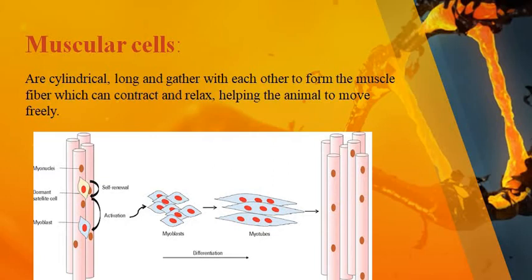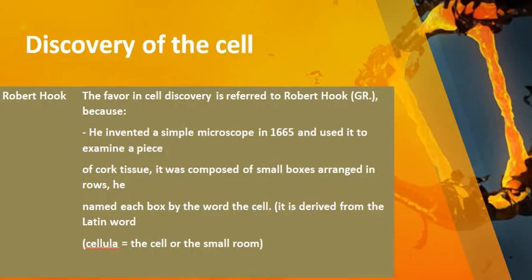Okay, let's start with the discovery of the cell. Who discovered the cell? The first scientist to discover the cell is called Robert Hooke. He invented a simple microscope, a very simple one using a mirror, and he used a type of tissue to examine, which is called cork tissue.